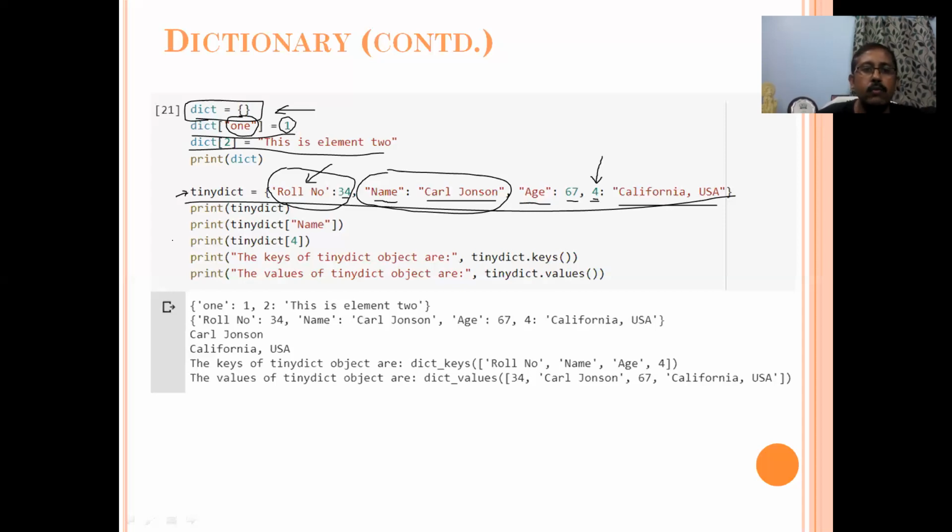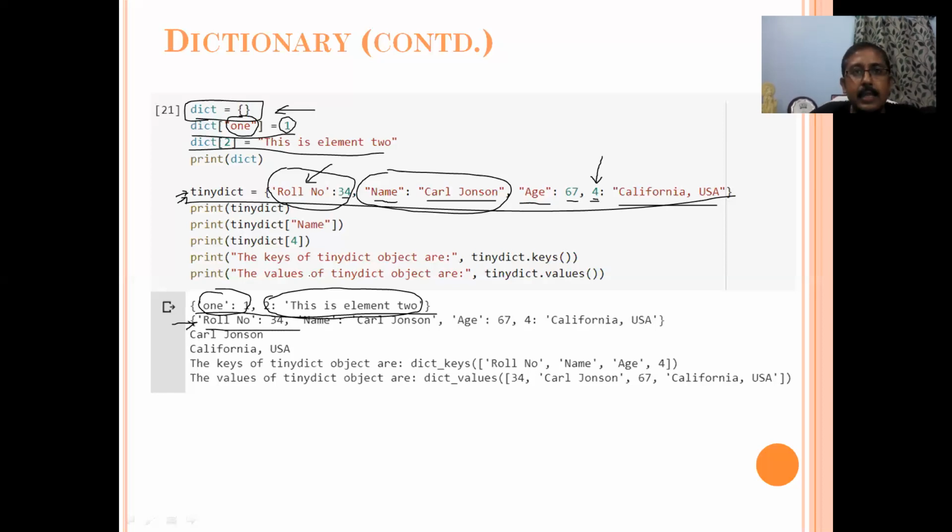When I print, I get what is expected: the first element and the second element as I created. And when I have a pre-filled dictionary object created, I can also print it, and here I can see the elements.